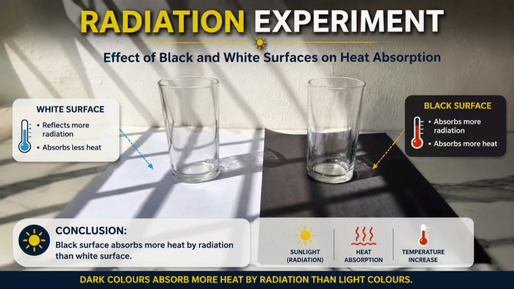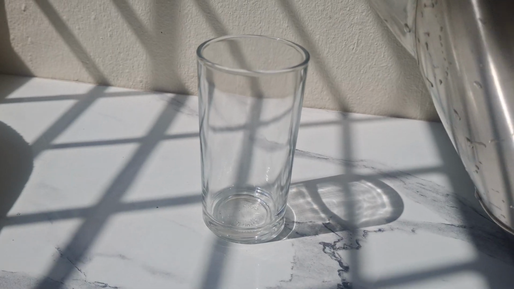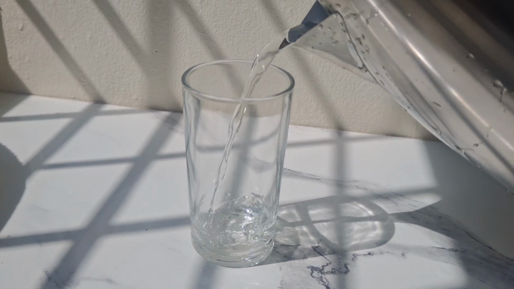Unlike conduction and convection, radiation does not require a medium. Heat from the sun reaches the earth through radiation. Black surfaces absorb more radiant energy. White surfaces reflect more radiant energy.